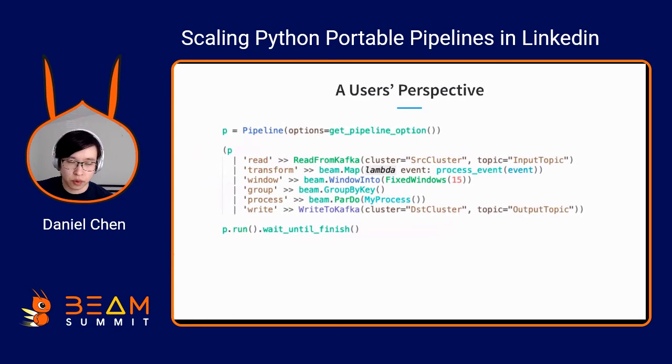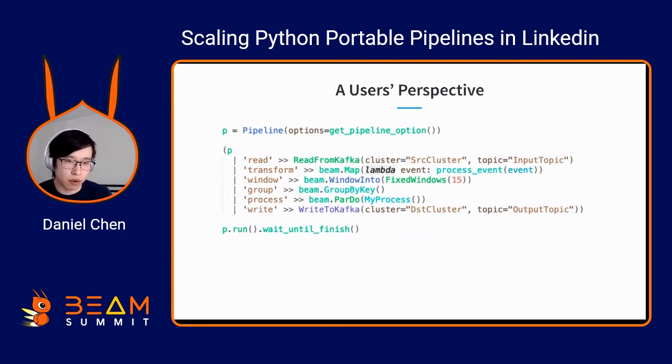So before we dive into how the portable runner works, we would like you to take a look at how it looks in code from a user's perspective, because part of the importance of scaling these pipelines is essentially having users that want to use it, and for that we really need a nice API.